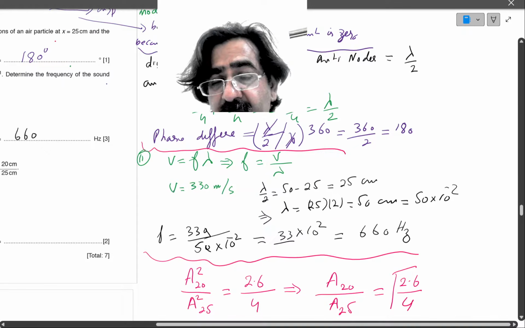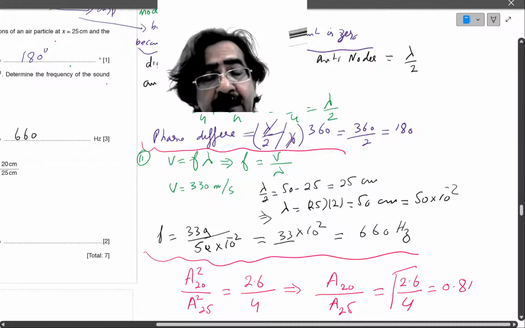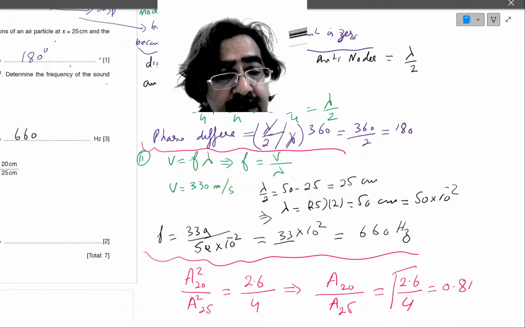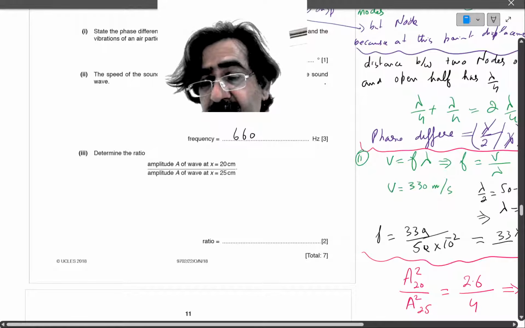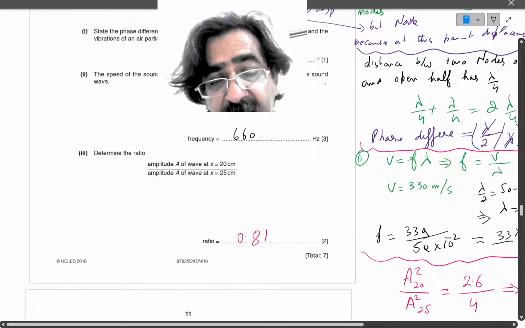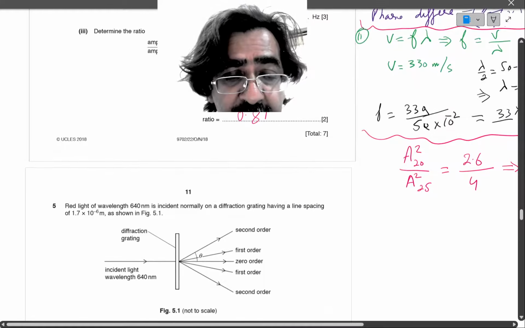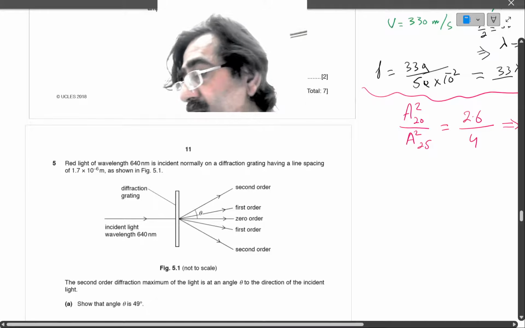So the answer will be equal to 0.81. Okay, so the answer will be 0.81. Okay, move toward the next question.